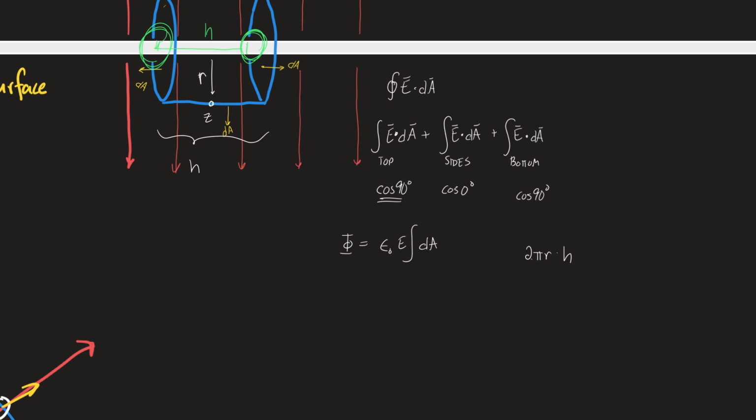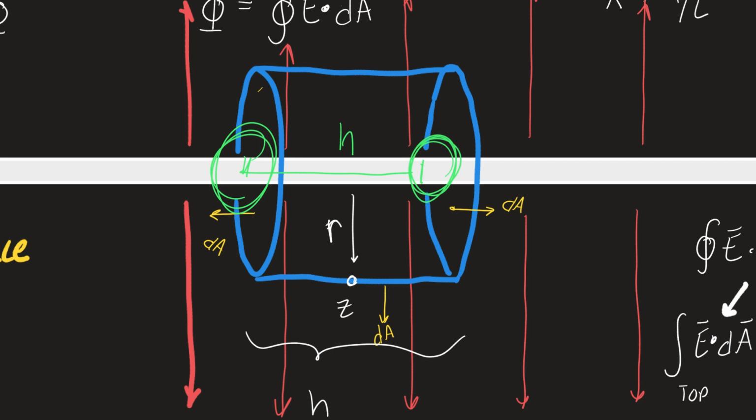So if you'll recall, we took and broke this up into 3 separate integrals because we have a surface that has a top, a bottom, and a side. And then we used mostly the dot product to eliminate 2 of them. We did that because the dot product in this circumstance helps us realize that if we look at the top and bottom, the direction of the electric field is perpendicular to the direction of the area, right?